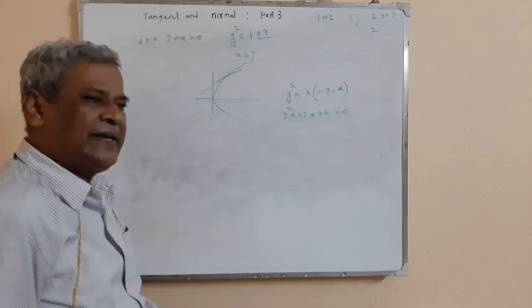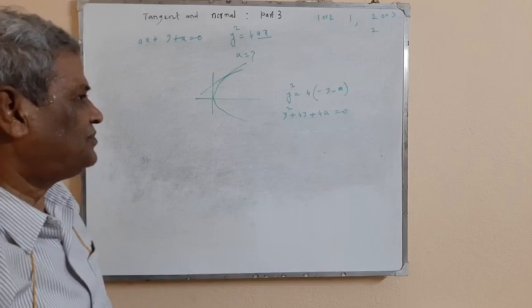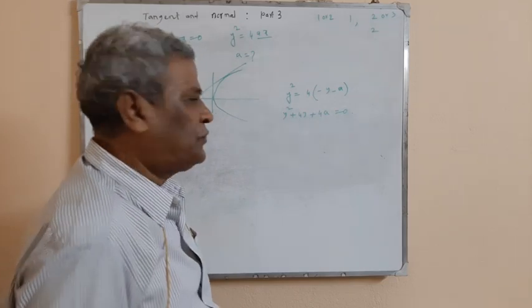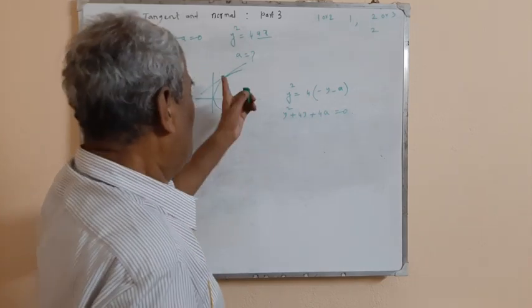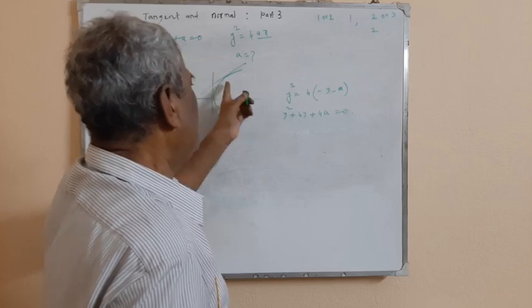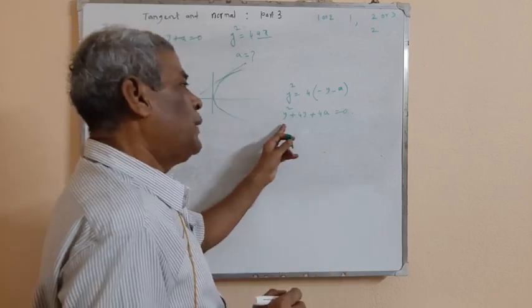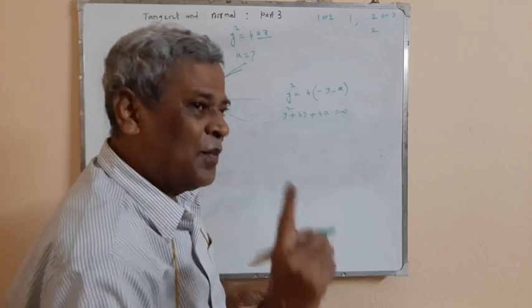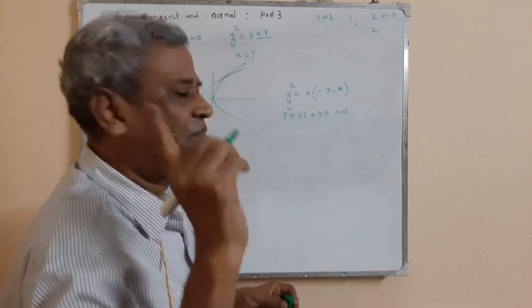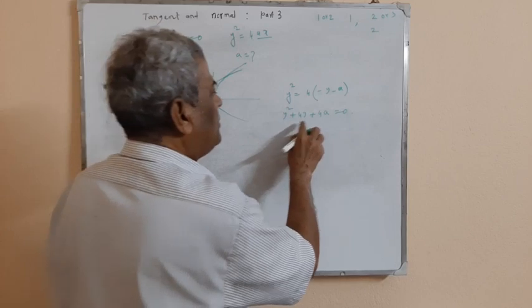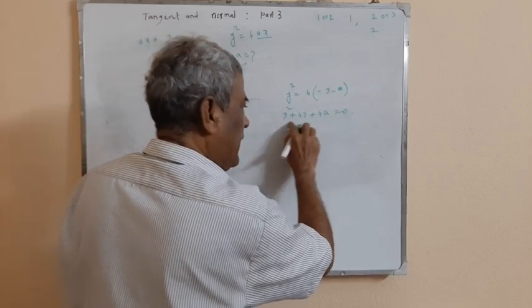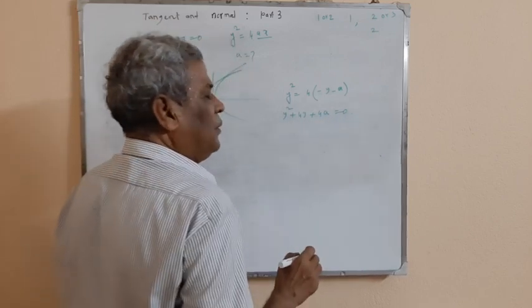This is a quadratic in y. It must have two values of y. Now, because it meets the curve only at a single point, the two values of y must be the same. That is, the discriminant of the quadratic equation must vanish.